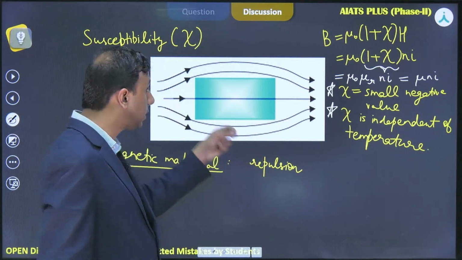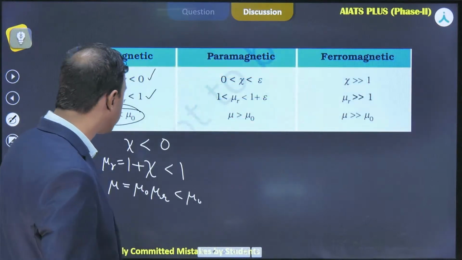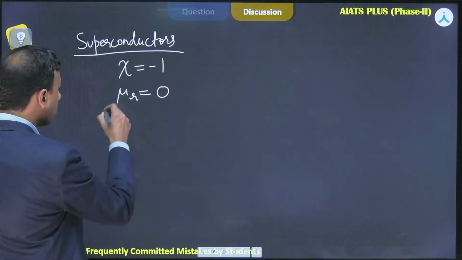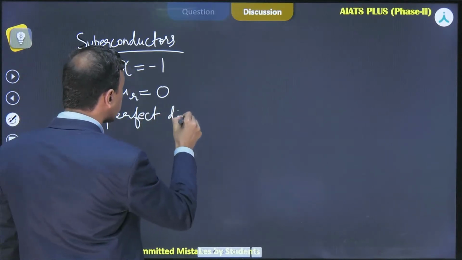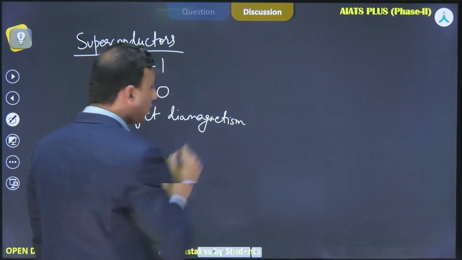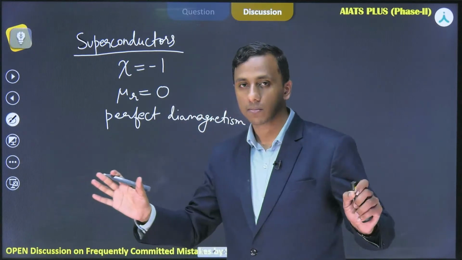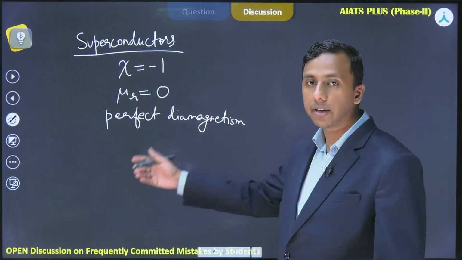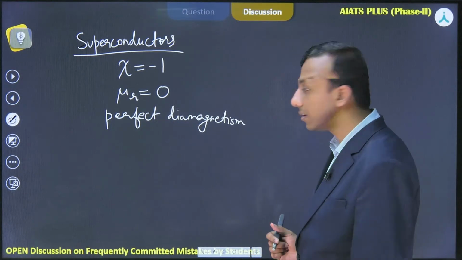In case of a superconductor, nothing will penetrate, everything would be repelled. So we also call it perfect diamagnetism. Perfect as in, there cannot be anything more perfect than this one.